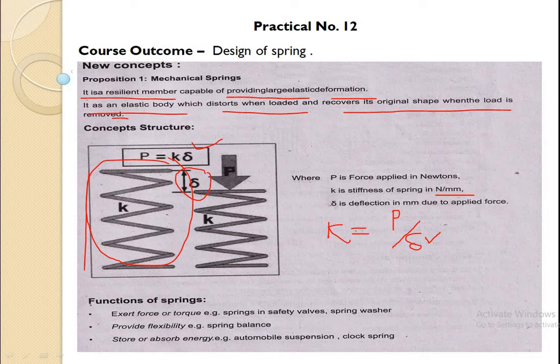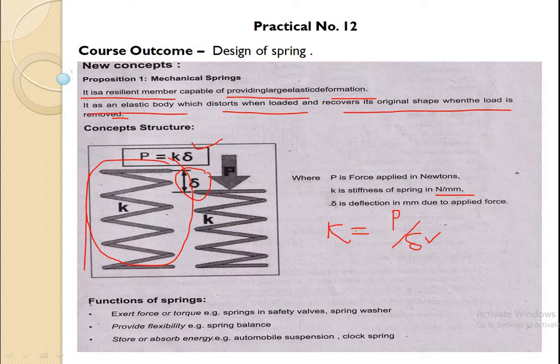It is also known as the stiffness of that spring. So here we can understand the concept of stiffness. The stiffness is defined as the load per unit deflection of the spring due to the applied load, and its unit is Newton per mm. Newton means force per mm. Mm is the deformation, that is change in length of the spring.